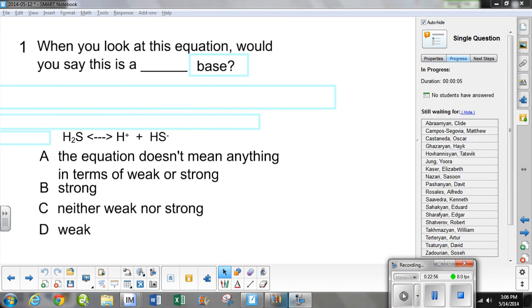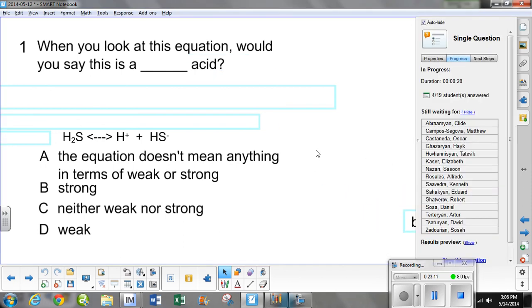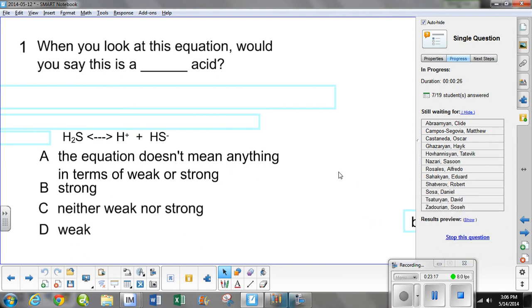Okay, new question. You're looking at H2S, that's hydrosulfuric acid, and then you want to answer A, B, C, or D, and of course this is an acid. What is it and why?